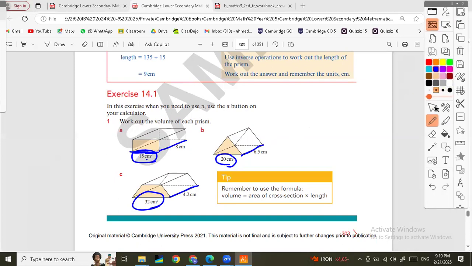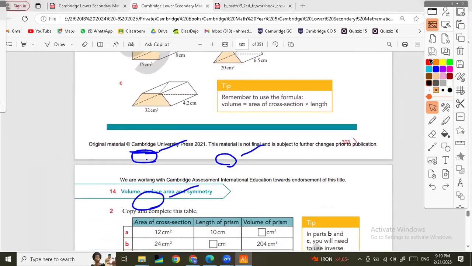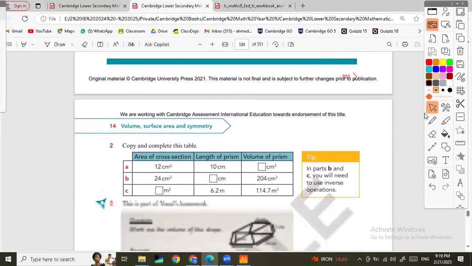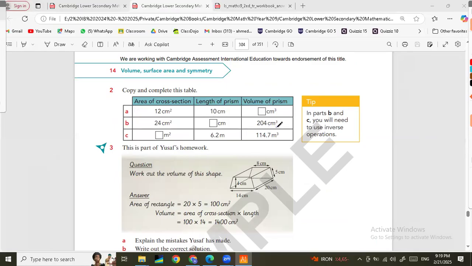But is it that level only? No, definitely not. It gets a little bit harder. I might give you a question like the one in the table over here. They're giving you the volume and only the area of the cross section, and requesting the length. Well, we know that the volume is the area of cross section times length.